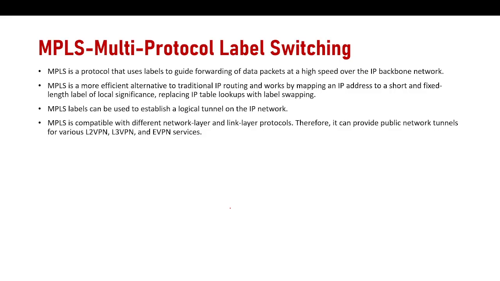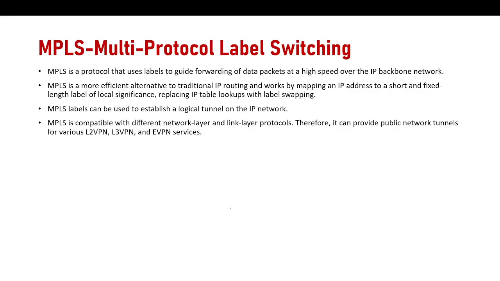And label switching, it's because MPLS depends on labels. So instead of the IP forwarding, we are using labels to switch traffic from one point to another point. Of course, you still have to have the IP routing table. That is a basic for MPLS to work. You still need the routing protocol. You still need OSPF.